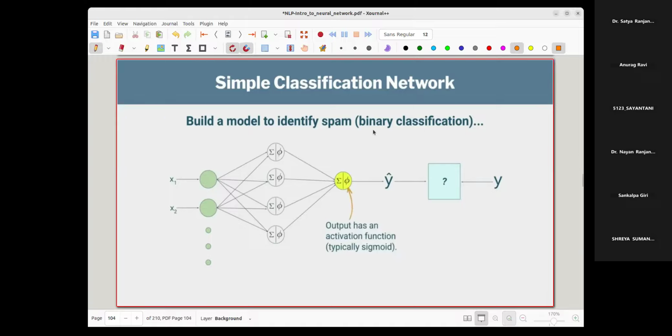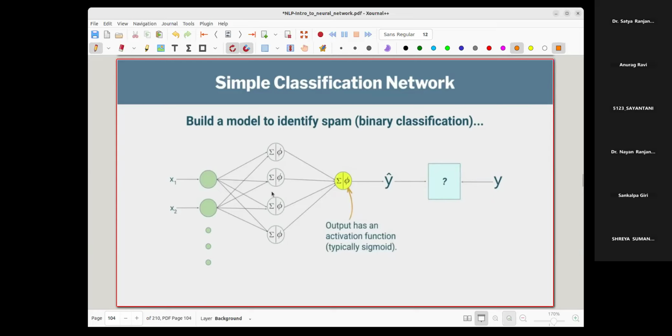Why sigmoid activation? Always remember, if it is a binary classification problem and you are using one neuron in the output layer, then definitely you have to use sigmoid as the activation function. For the hidden layers, the general trend is to use the ReLU activation function.